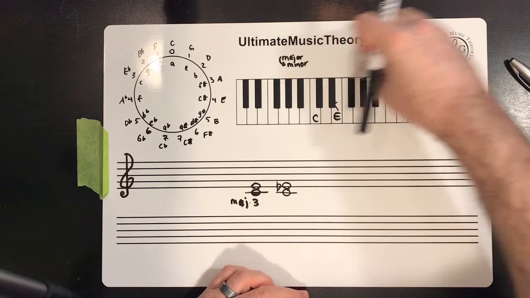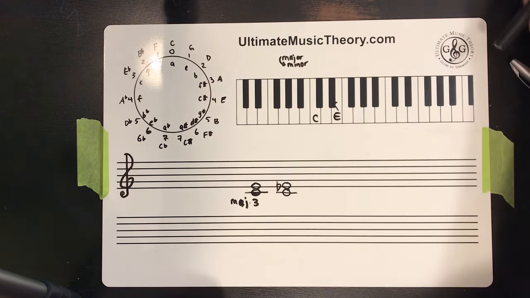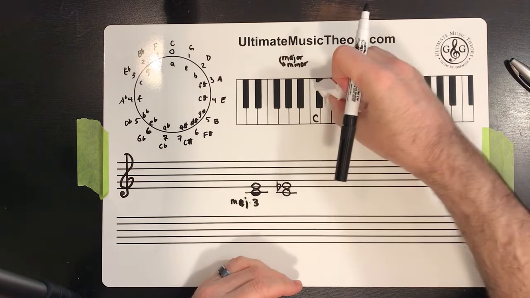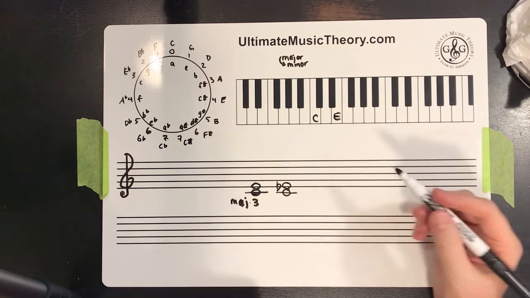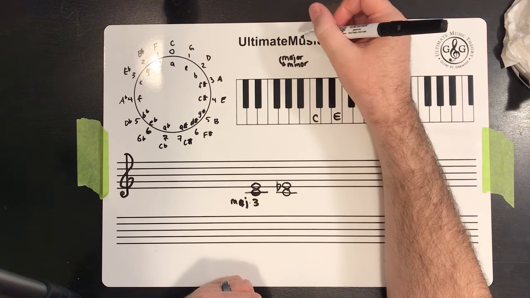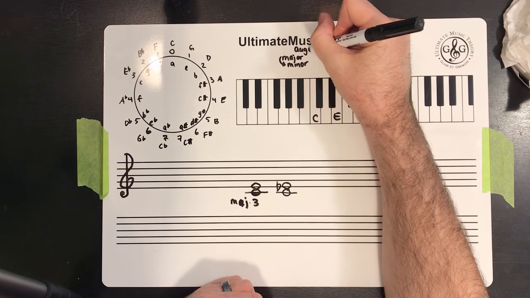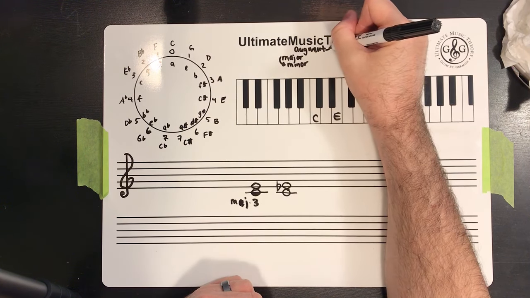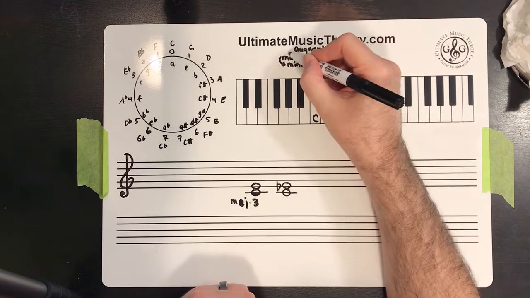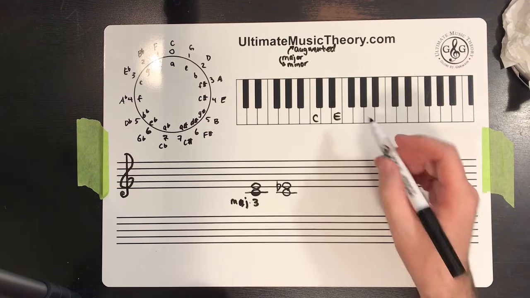There are 2 most common intervals, but there's more because we can also go up a step from major. And if we do, we go to what is called augmented. So if we go up from major, we would get augmented.